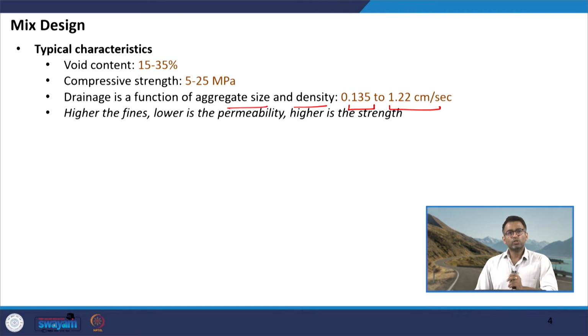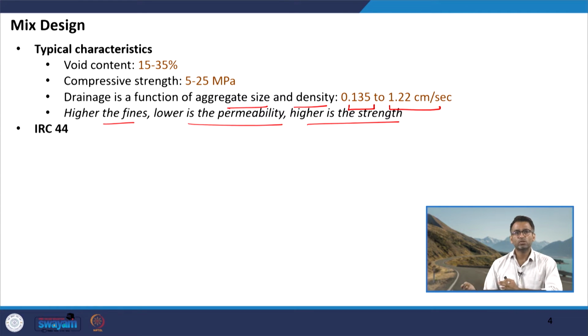As I mentioned, typically fine aggregates are not used in pervious concrete mixes, but if we want to increase the strength, we can also incorporate fine aggregates within the structure, so that the strength of the mortar will increase. But we cannot increase it beyond a particular limit, because the higher the fines, the lower will be the permeability, and of course, the higher will be the strength. So, we need basically a trade-off between permeability and strength here.